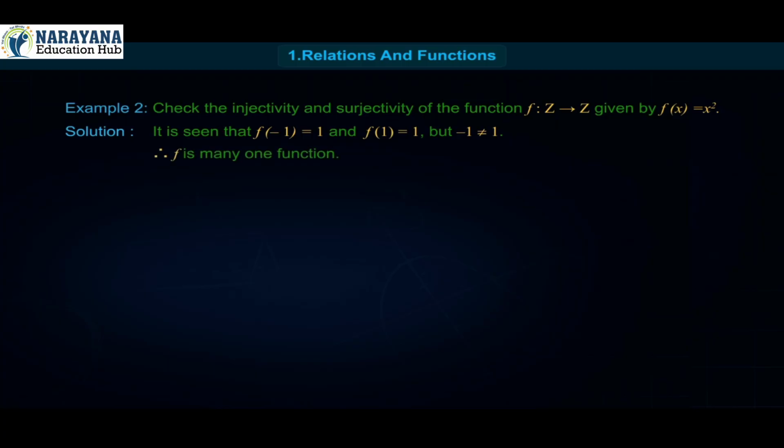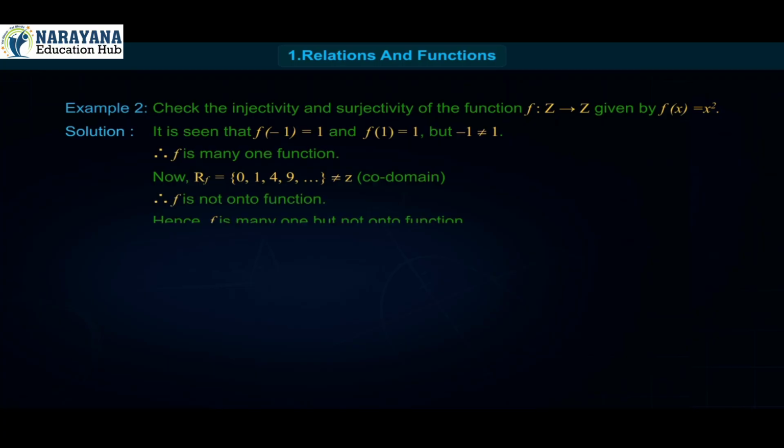Therefore, f is a many-one function. Now, the range of f is the set {0, 1, 4, 9, ...}, which is not equal to Z, the codomain. Therefore, f is not an onto function. Hence, f is many-one but not onto.